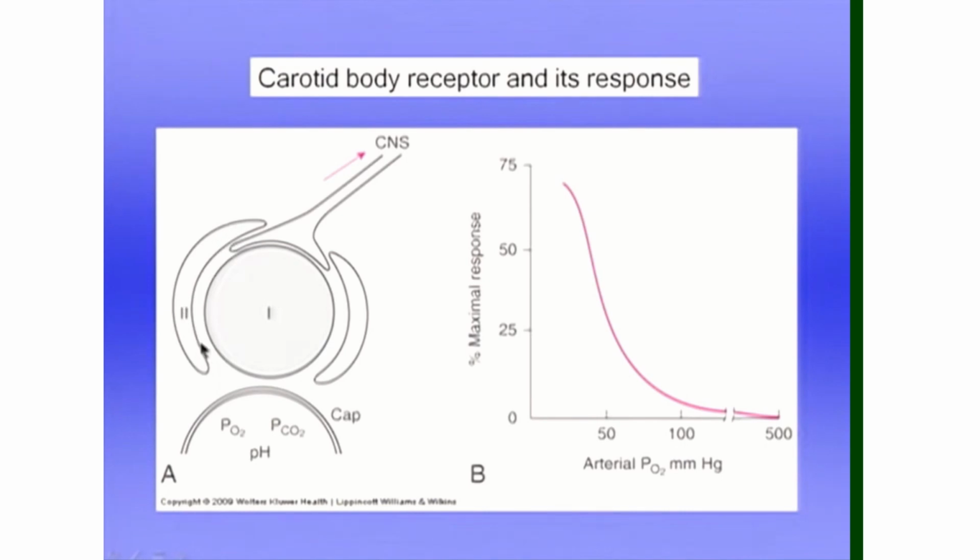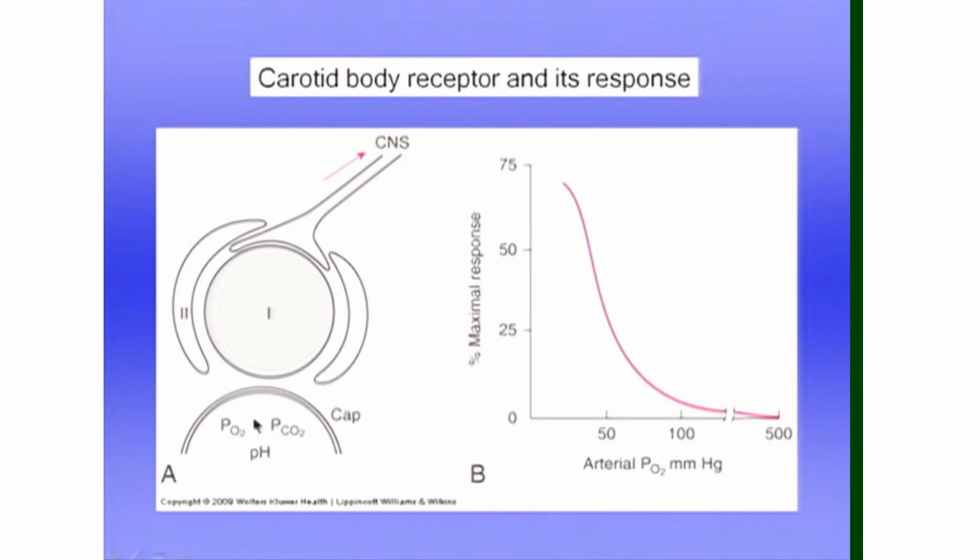Now, we're not sure about the exact mechanism of chemoreception, the response to the PO2, which is the important thing for these peripheral chemoreceptors, but it's generally agreed that one or two of these cells respond to the PO2, and the information is then sent to the CNS through a branch of the glossopharyngeal nerve.